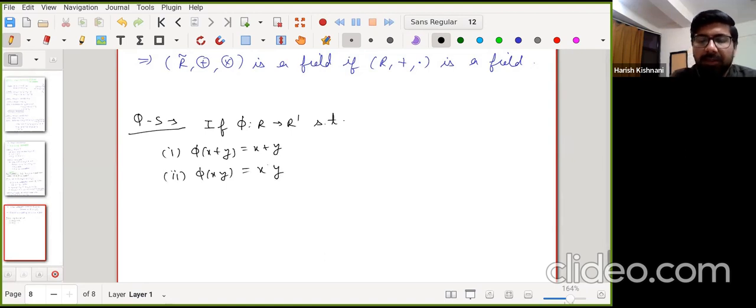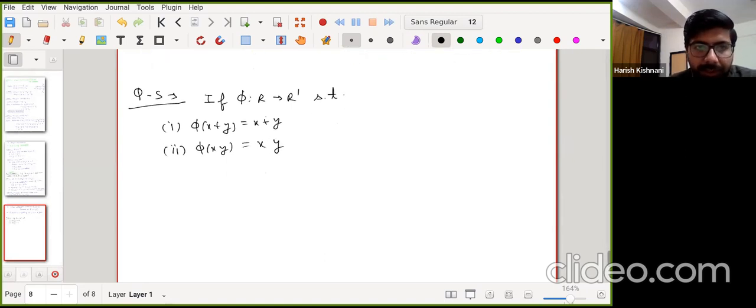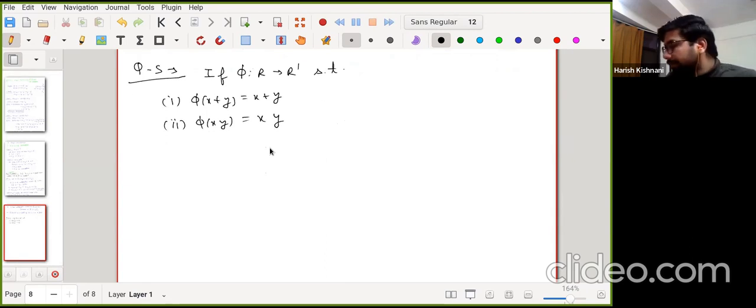I am not specifying that the operations are inside R dash, but that is understood, right? And the third property you used to check is that identity is mapped to identity.